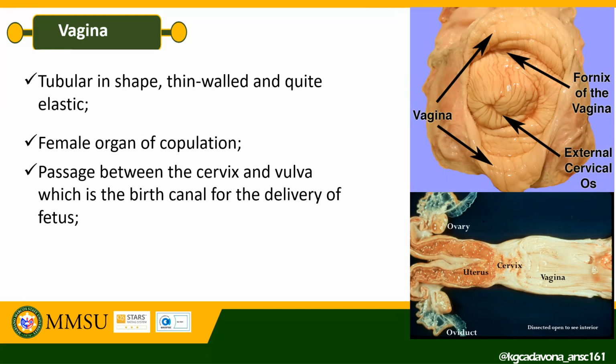And take note that one of the important functions ng vagina ay it usually serves as a line of defense against invasion sa mga bakterya. However, if unsanitary naman yung housing ng mga animals or di malinis yung mga equipment during insemination, doon nagkakaproblema tayo, which could result into vaginal infections.